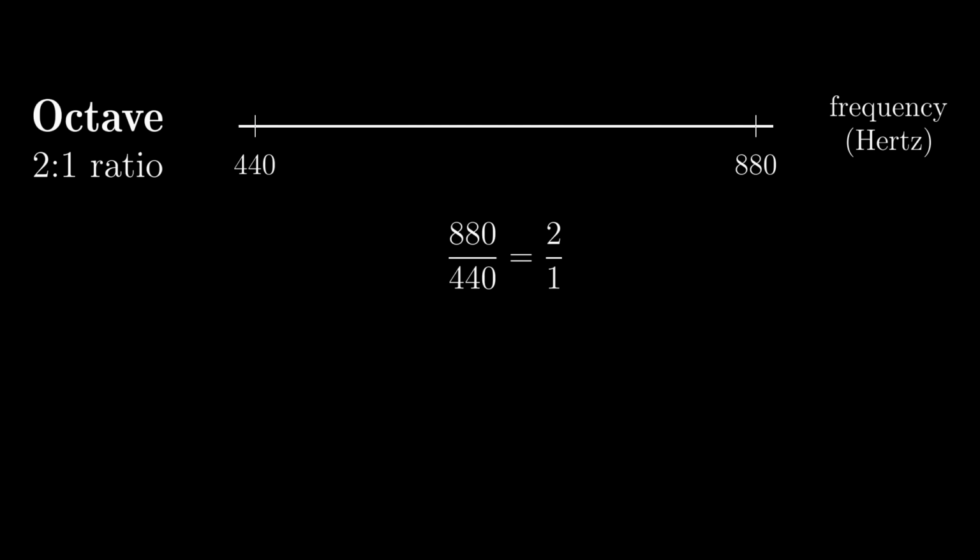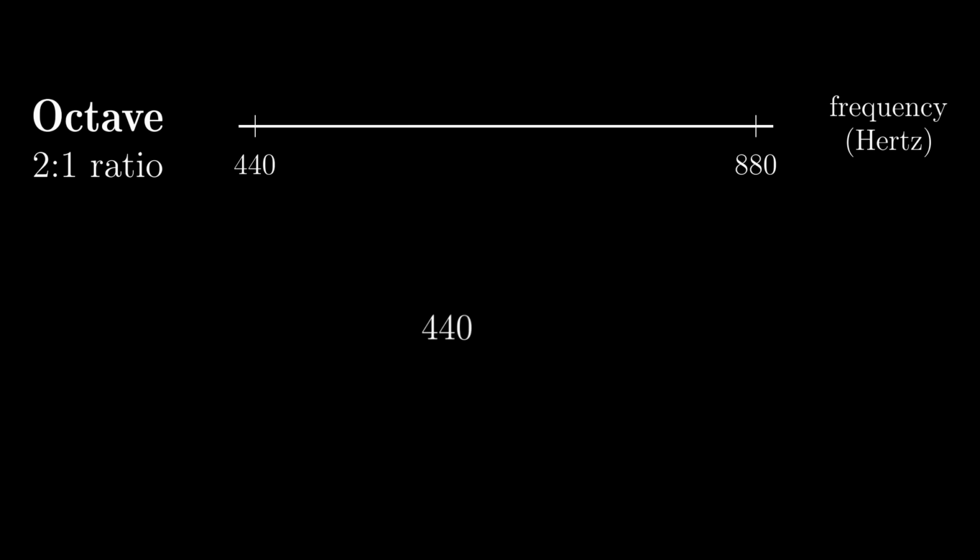Did you hear how the two tones sounded harmonious when they were played together? Octaves are especially important in music because of a psychological phenomenon called octave equivalence, where people perceive two tones that are an octave apart as highly similar. So similar that musicians call them by the same name, and musicologists say that they belong to the same pitch class.